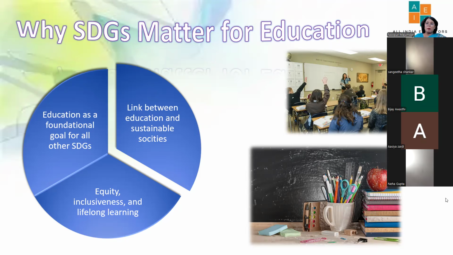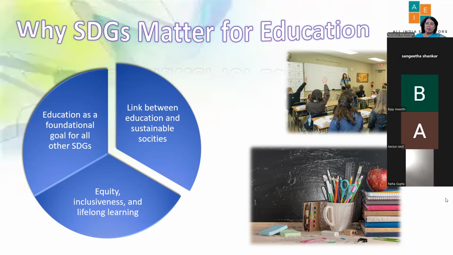Now, if I'm talking about sustainable goal 11, that is sustainable cities and communities, education fosters urban planning and knowledge, and educated citizens contribute to cleaner, safer, and smarter communities. Now, SDG goal 13, that is climate action. When we are educated, we know what will happen to our climate if we do not take care.